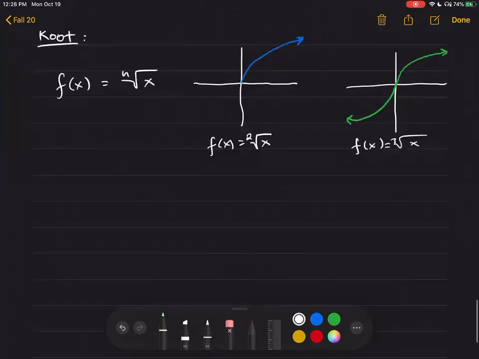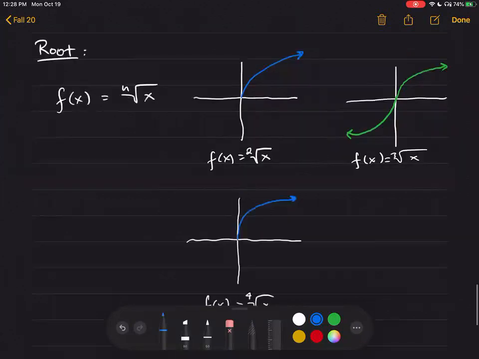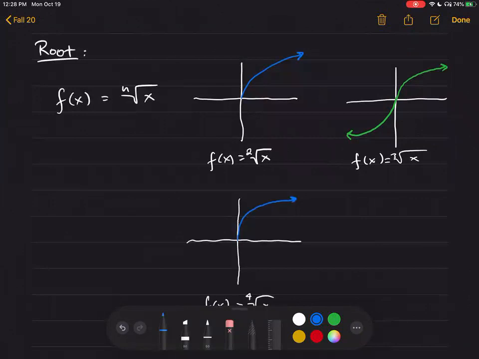And then if we see f of x equals the fourth root of x, then we're going to see something very similar to the square root of x, except kind of more boxed out. So this one appears rounder. The one on the bottom is a little more arched.